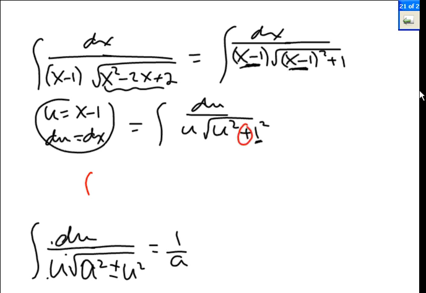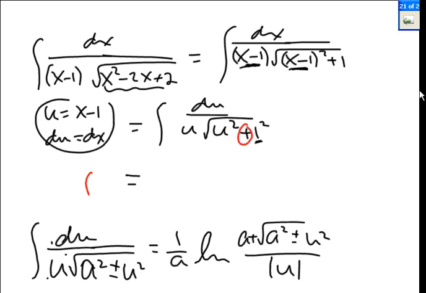This is 1 over a times ln of a plus the square root of a squared plus or minus u squared, all over the absolute value of u.